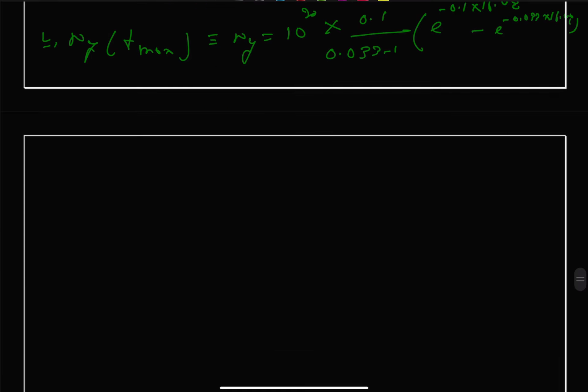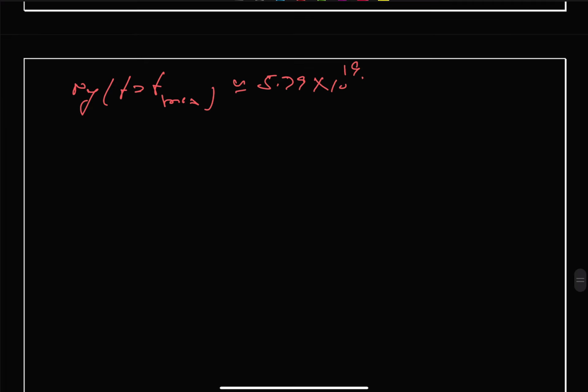So we get our ny at t equal to t max will be approximately equal to 5.79 into 10 to the power 19.